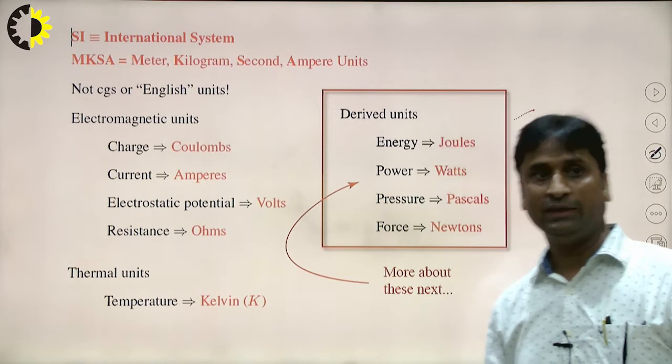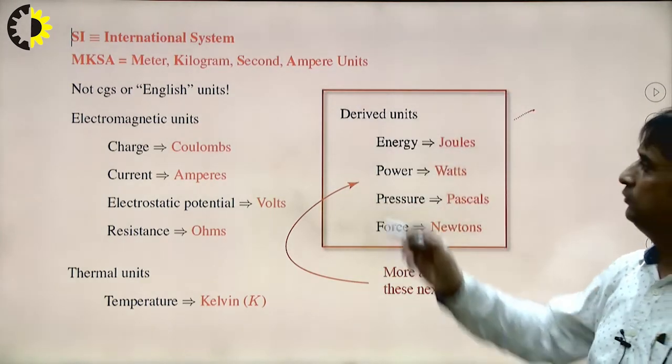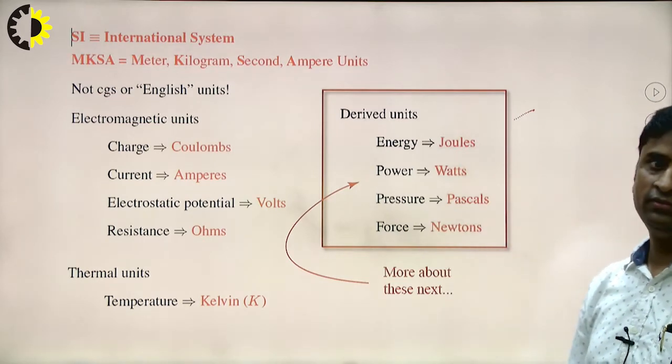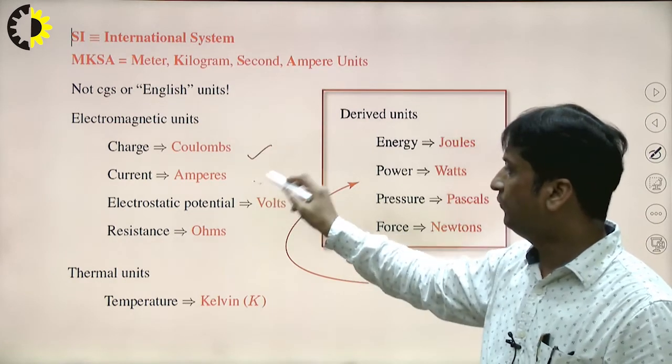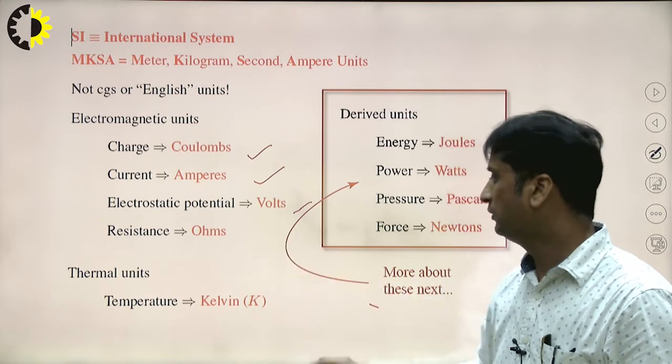In general, these are the units of the MKS system that we usually adopt. Here charge is represented in coulombs, current in amperes, potential in volts, resistance in ohms, temperature in Kelvin.